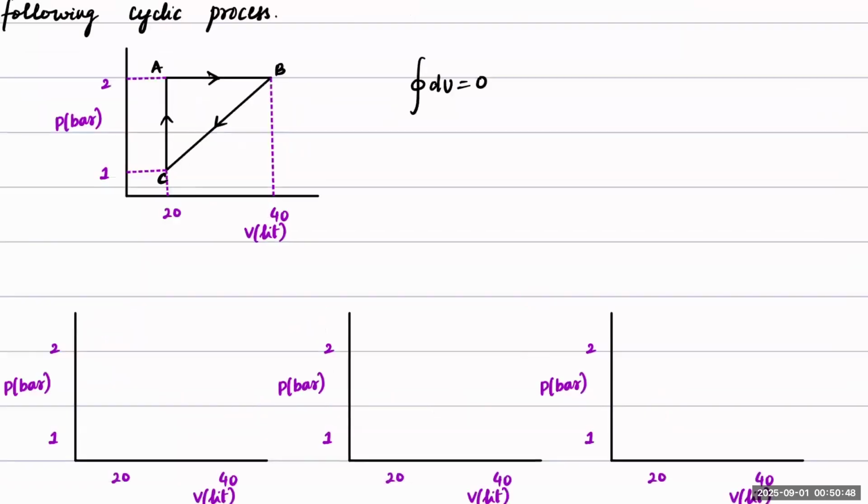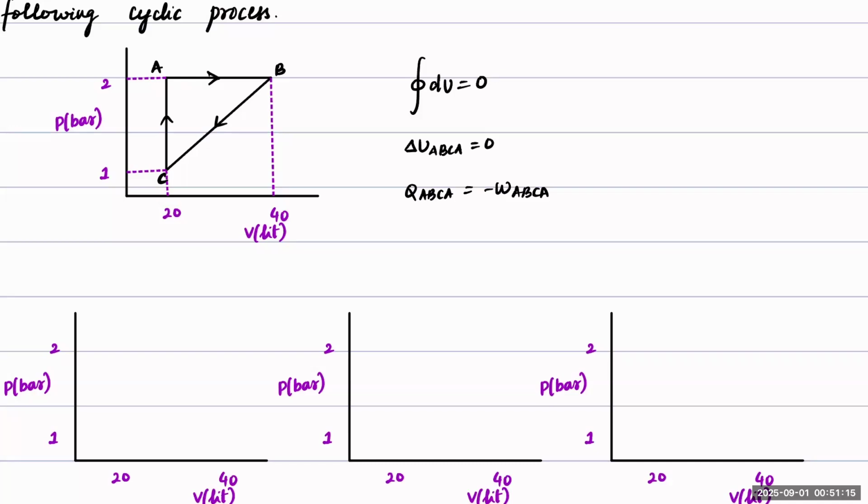So that means delta U of the cycle ABCA will be equal to 0. Which means Q net of ABCA has to be equal to minus W of ABCA. Yes or no? Okay. That is something which you need to understand. Clear, beta?